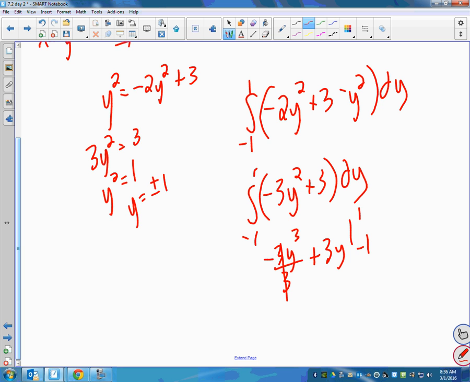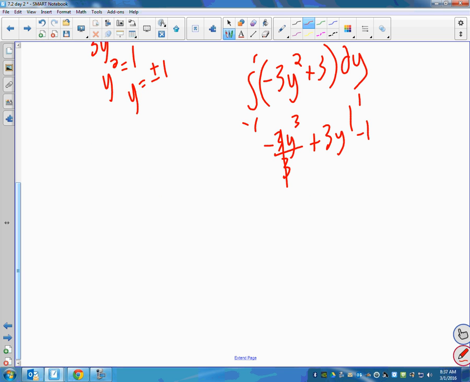The AP exam knows that also. That's why I make you do this without a calculator in this chapter, and then sometimes you use a calculator, but you just want that practice of the arithmetic here. So this would be negative 1 plus 3 minus, if I plug negative 1 in there, that would be positive 1 minus 3.